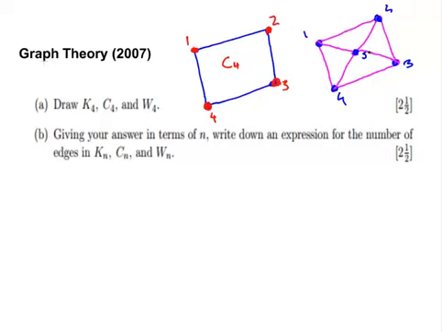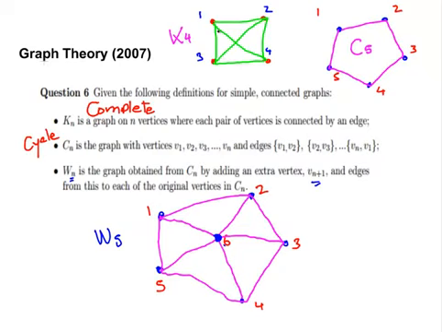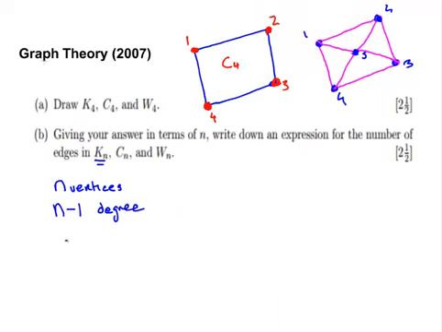Now, giving your answer in terms of n, write down an expression for the number of edges in each. Well, Kn has n vertices, and the degree of each vertex is n minus 1, since they're connected to each of the other n minus 1 vertices.